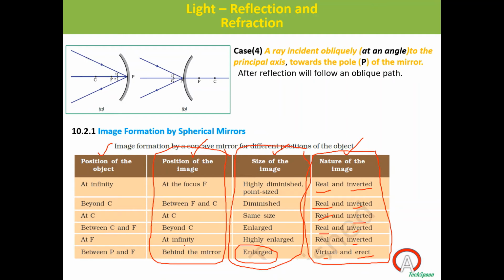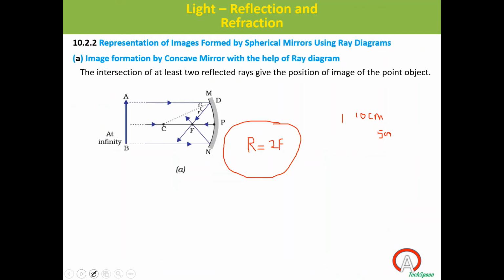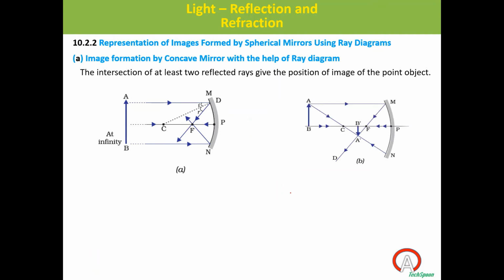No, sir. Okay. So what you have to do is, after the class, take some 5 to 10 minutes break, draw this table, okay? Write down what are the things given, then draw these 6 different cases of image formation on your own. Take an accurate measurement, like I told, right? Focal length or radius of curvature, you take some measurement, 10 centimeter, 5 centimeter, anything as per your convenience, but the figure should be visible.